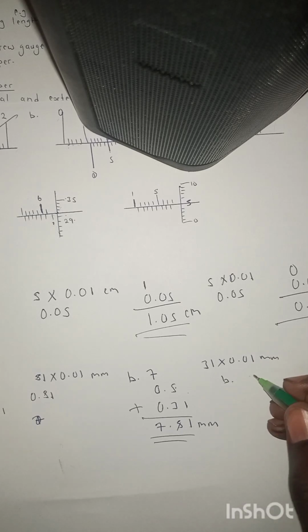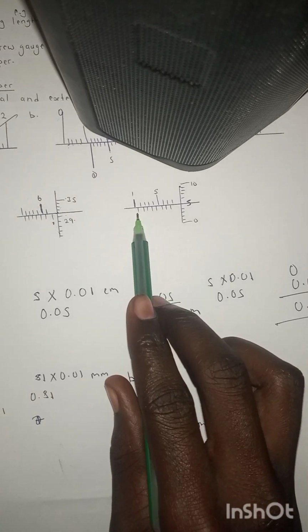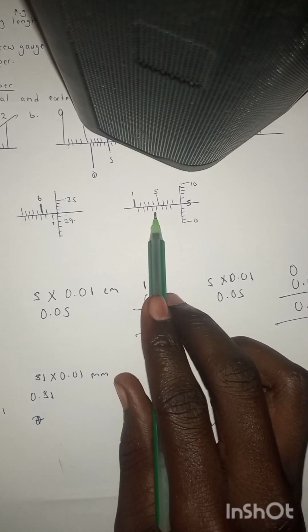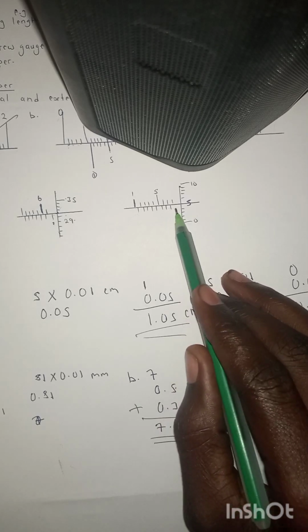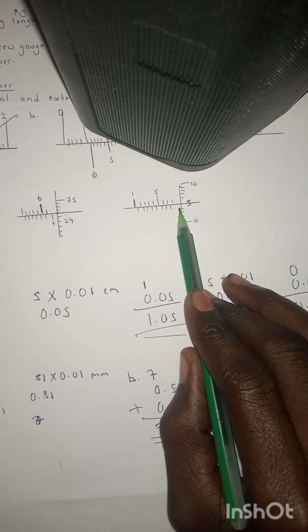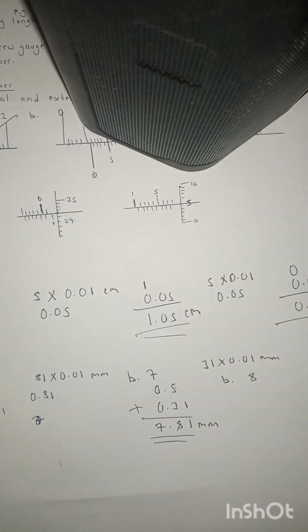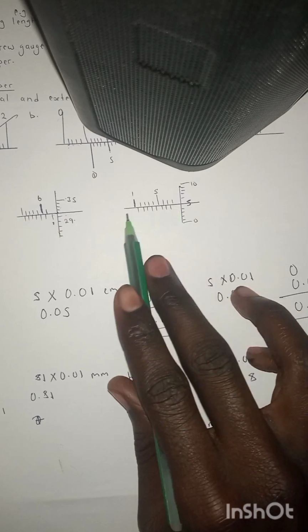So we say 8, right? Then we look at the scale on the bottom. When we look at the last line, it's not in front of this one. It's not exceeding, so this one is not 0.5, right? Because it's not exceeding, you ignore this scale.